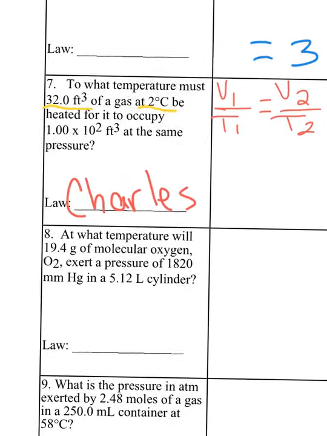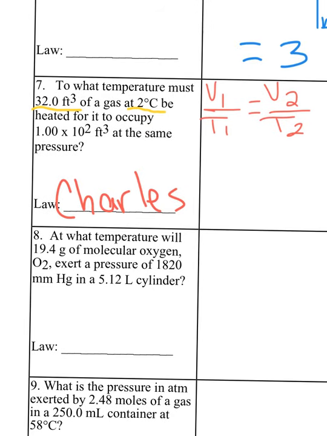So we have to figure out, what are we solving for? We have 32 cubic feet and 275 Kelvin. Those are our initial volume and temperature.